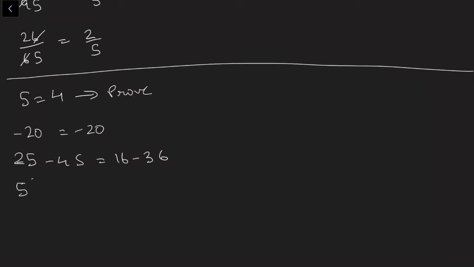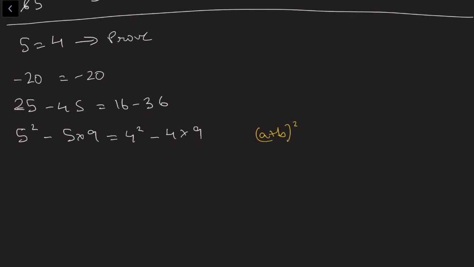And then let's write this as 5 square minus 5 into 9 is equal to 4 square minus 4 into 9. And what we're doing here is we're trying to get an equation which will look like a plus b the whole square, somewhat like that. Okay, so let's keep going.